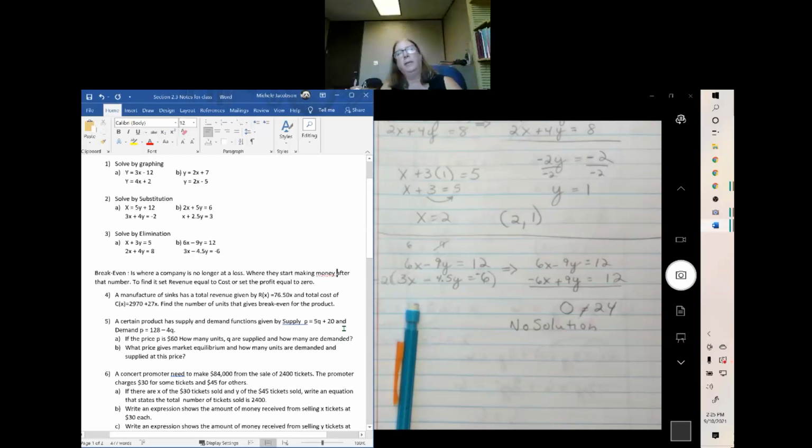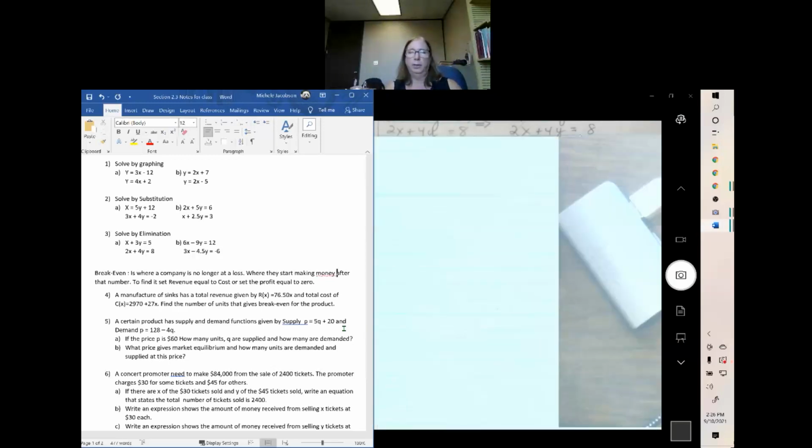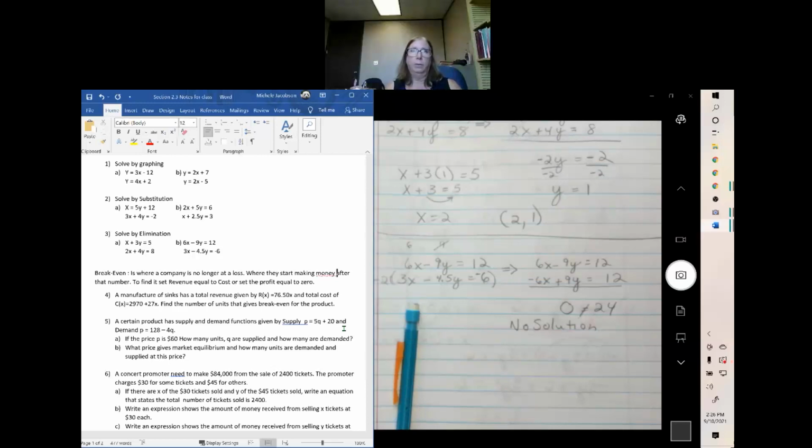After that number, so if you find the break-even quantity, say it's 10, after you sell 10 units, you'll start making money. Also, if you have revenue and cost functions, when you set them equal, that's your break-even quantity. Or if you have profit, you can set it equal to 0.